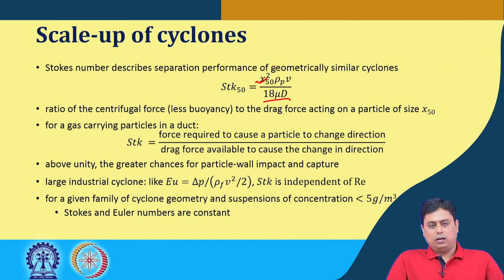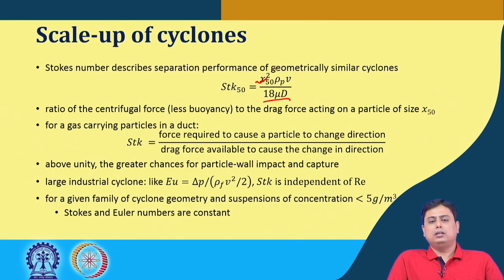As general information, when a gas carries some particles and flows in a duct, this Stokes number is basically the ratio of the force that is required to cause a particle to change its direction, divided by the drag force available to cause that change in direction. So it is the force required to change the direction of a particle suspended in the gas phase and in motion in a duct, compared with the drag force actually available in that particle laden flow.